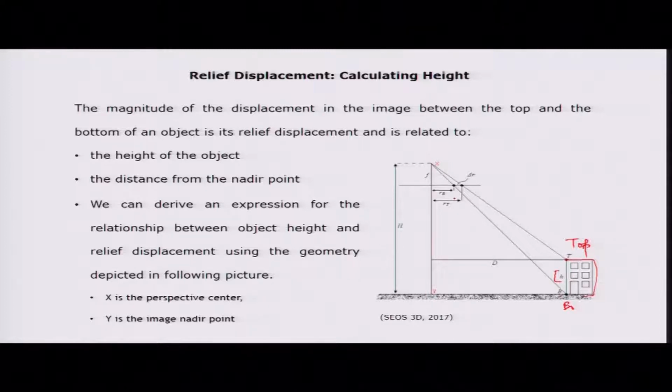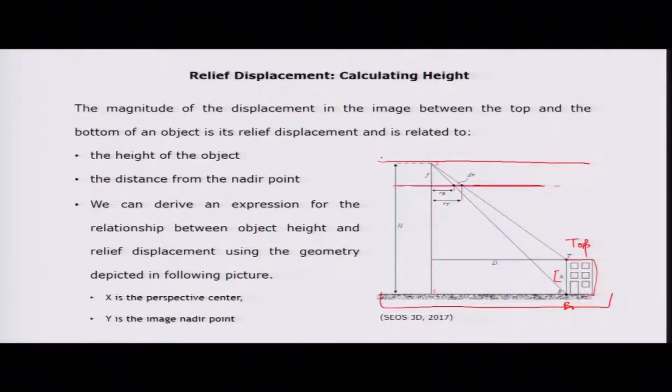Here this is the plane of projection actually where your camera is located, and this is your negative film area, where you can have the image of this ground. This is the real ground.